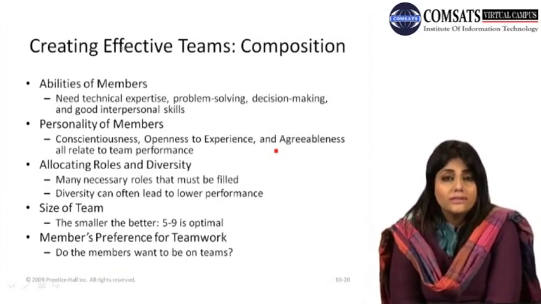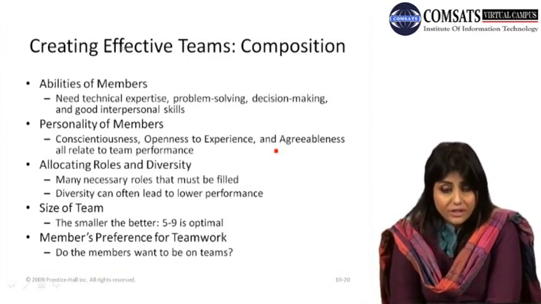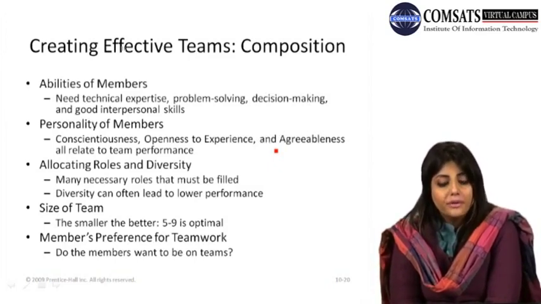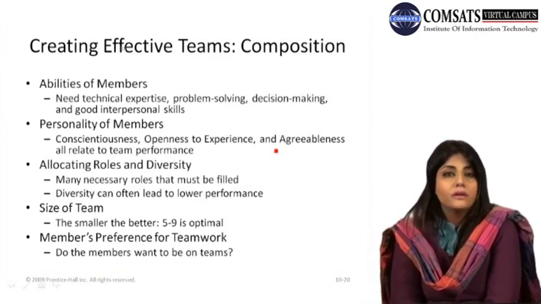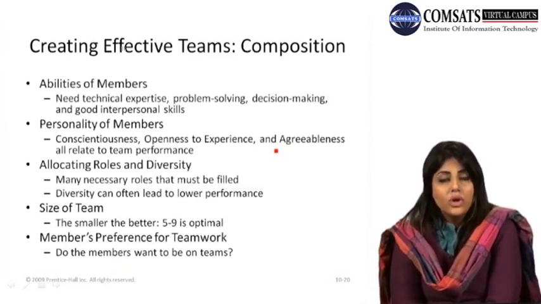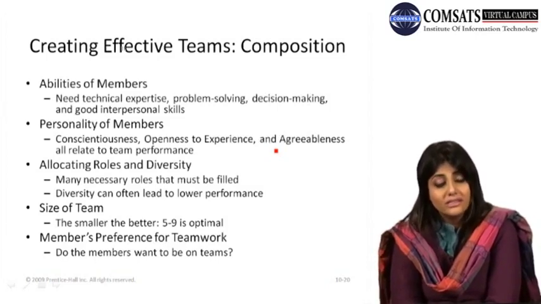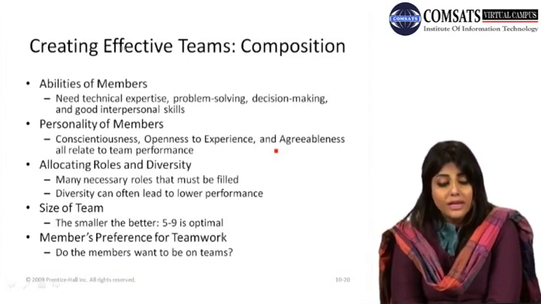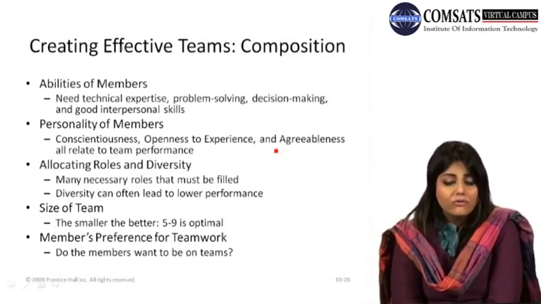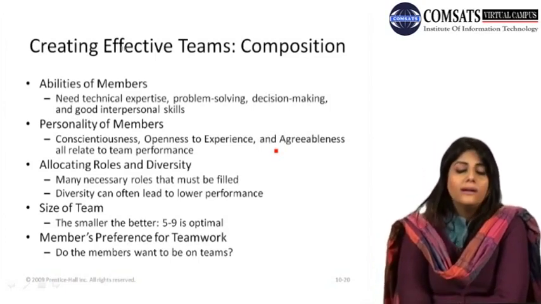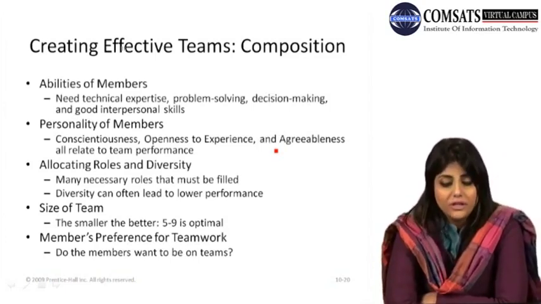Then the composition is really important to formation of the effective teams, right? So the abilities of the members. We discussed that in a number of areas, the members need to have the ability to perform in teams in order for the team to be effective, such as that they should have the necessary technical knowledge, the technical expertise, the problem solving capabilities, the decision making capabilities, and they should have good interpersonal skills to form the effective team, right?